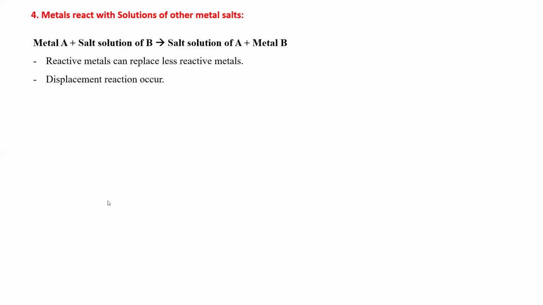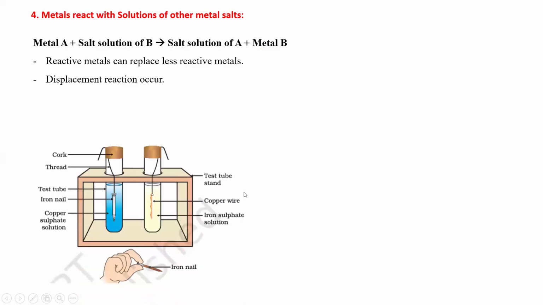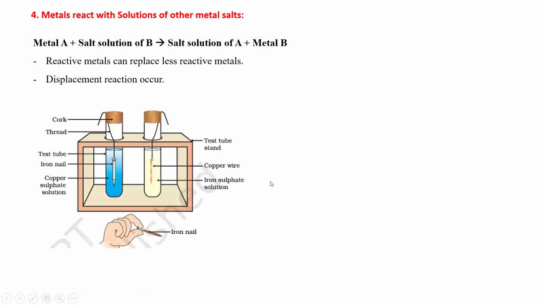Next, we have how a metal reacts with a solution of another metal salt. Metal A is going to react with the salt of metal B, then it forms the salt solution of metal A, and metal B is obtained. So here we see that a highly reactive element replaces a less reactive element, and this is also an example of a displacement reaction.